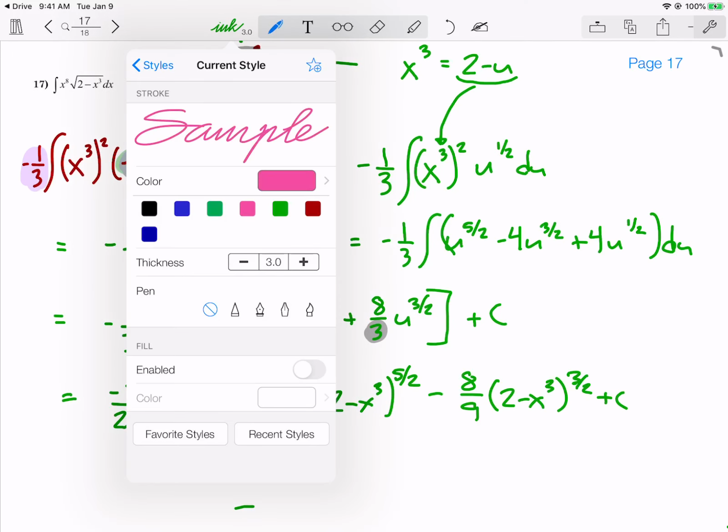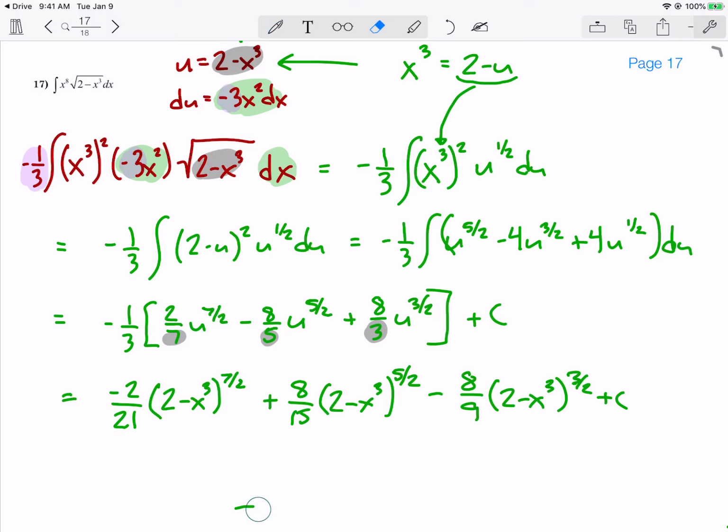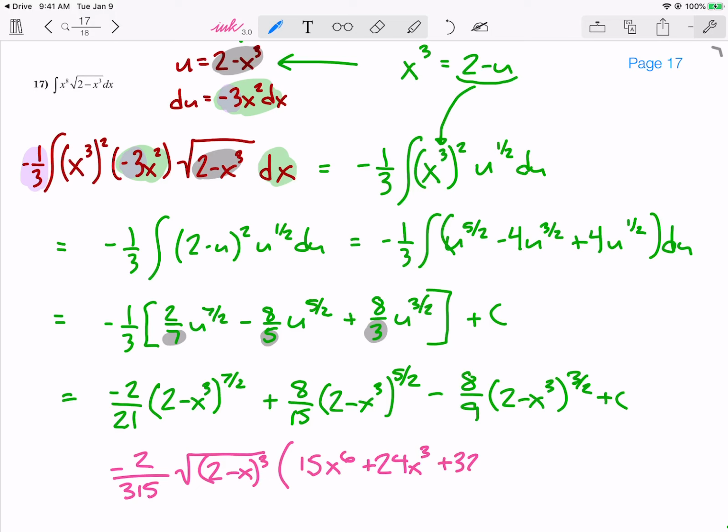So if you're a nerd like me and you wanted to get the answer simplified even further, you can write it as negative 2 over 315, and this really isn't that much prettier, square root of 2 minus x cubed times (15x to the 6th plus 24x cubed plus 32) plus c.